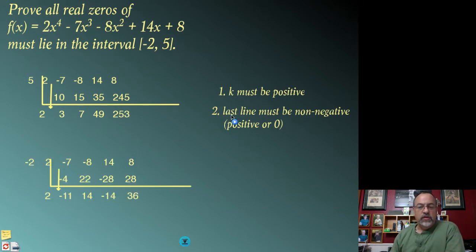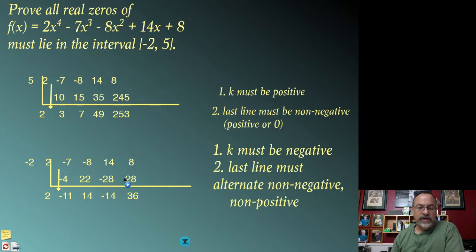So now we want to look at the lower boundary for -2. The k is a negative number. So again, I do synthetic division, and then I look for, does it alternate between not negative, not positive? Okay, 2 is not negative, 11 is not positive, 14 is not negative, negative 14 is not positive, this is not negative. So it does alternate between numbers that are not negative and not positive.